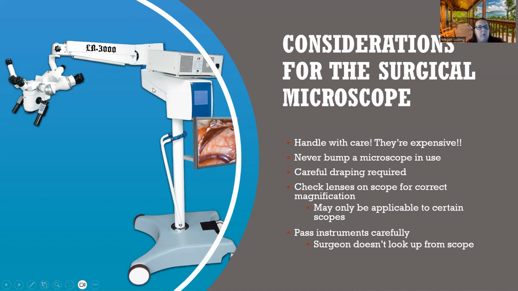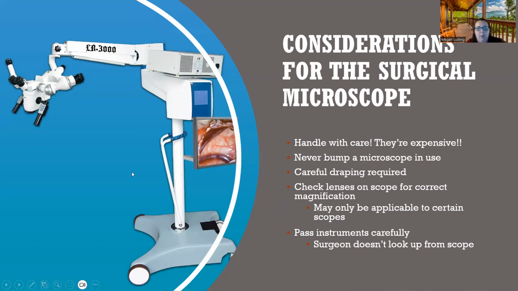But they don't put a microscope drape on for like ear tubes. But neuro, eyes, those types of things, you absolutely will drape this microscope because you're bringing a non-sterile item across a sterile field. So there are special drapes that fit each type of microscope that have to be applied correctly.